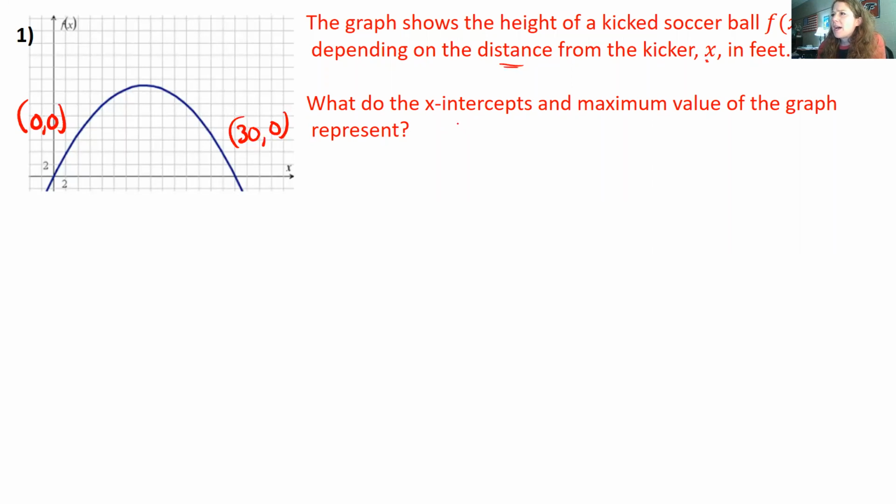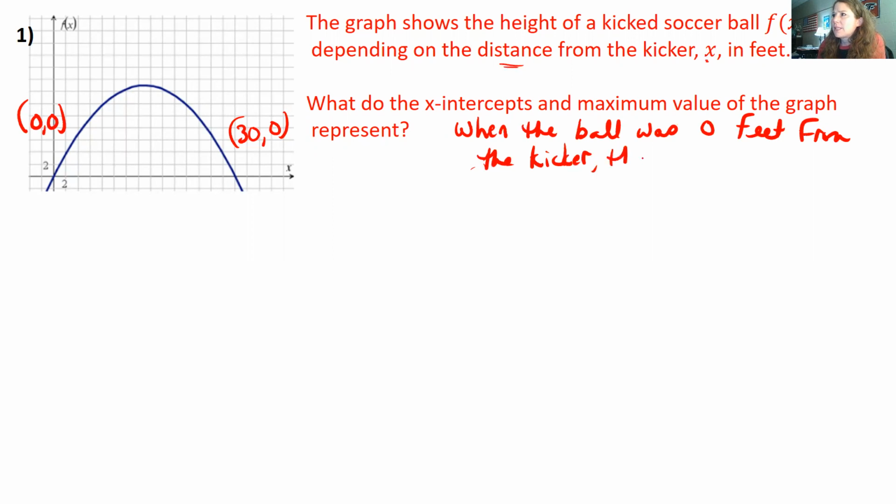So when the ball was 0 feet from the kicker, the ball was on the ground.